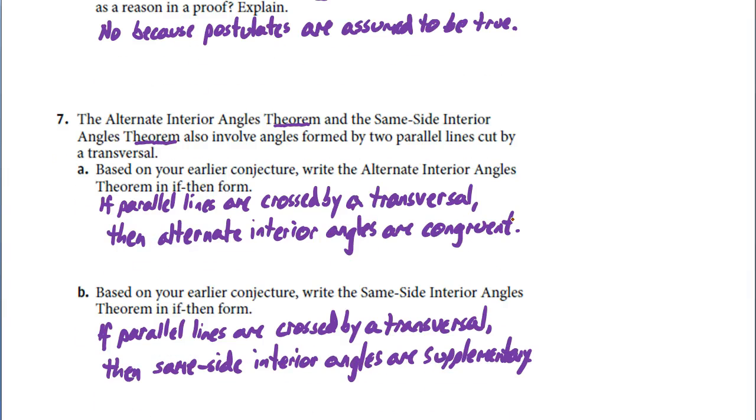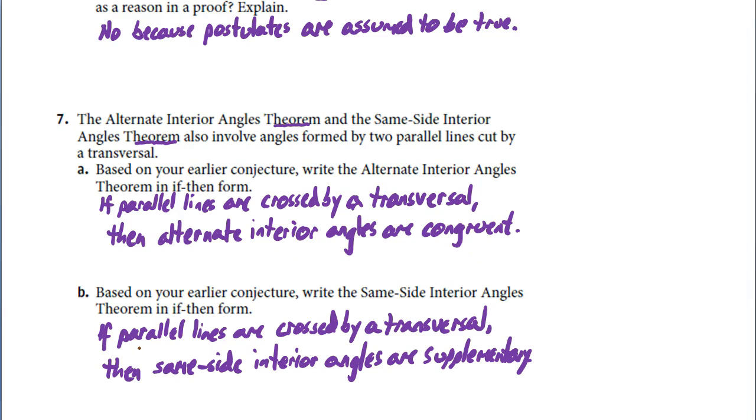Number 7, the alternate interior angles theorem and the same side interior angles theorem also involve angles formed by parallel lines cut by a transversal. Based on our earlier conjecture, write the alternate interior angles theorem in if-then form. All right, how about like this? If parallel lines are crossed by a transversal, then alternate interior angles are congruent.